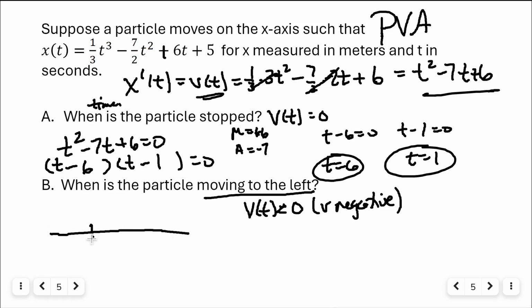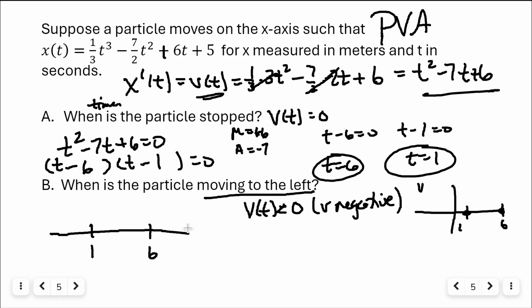On my number line, I'm going to put 1 and 6, because at 1 and at 6 on my velocity function, you're at 0. So these are the places where it could change over. What I'm interested in is what's happening in between 1 and 6.